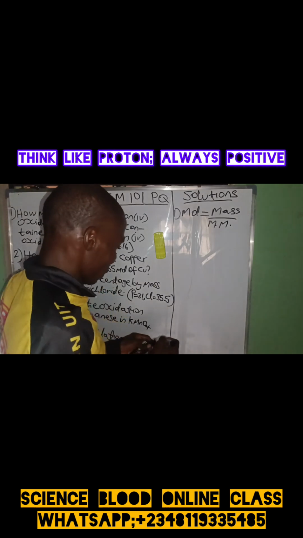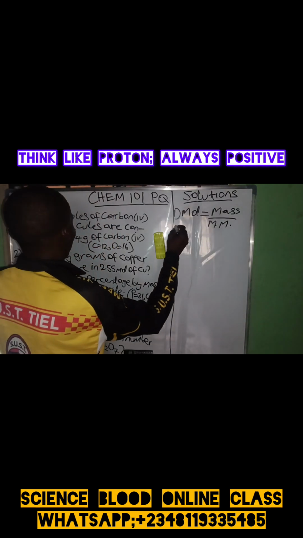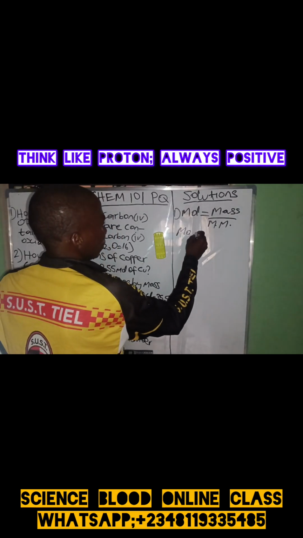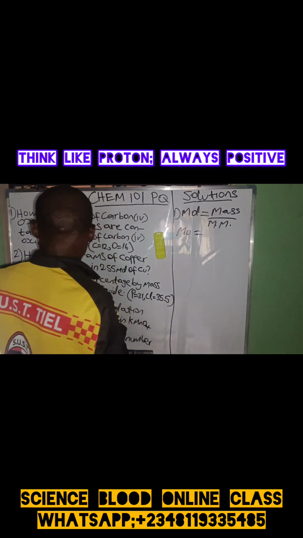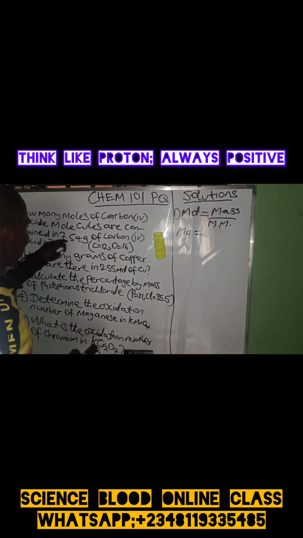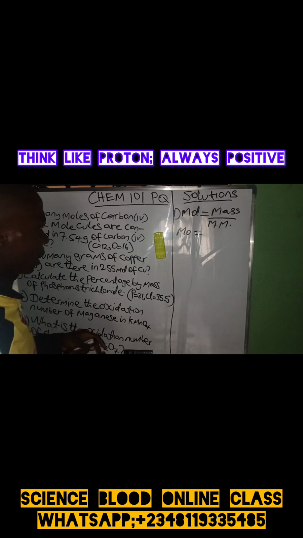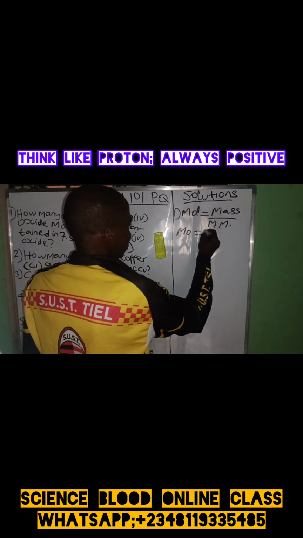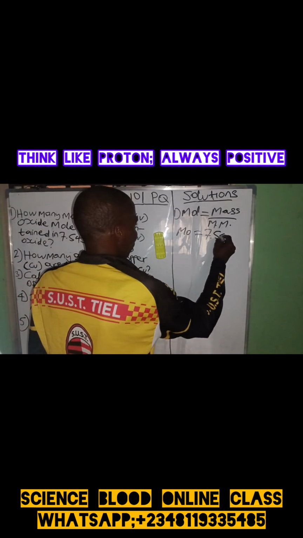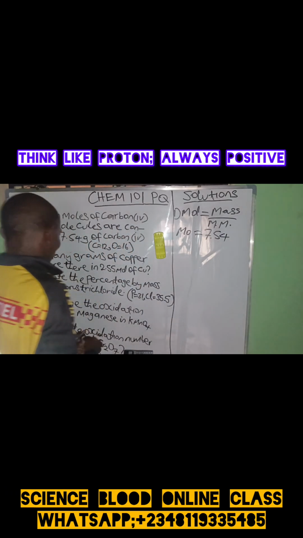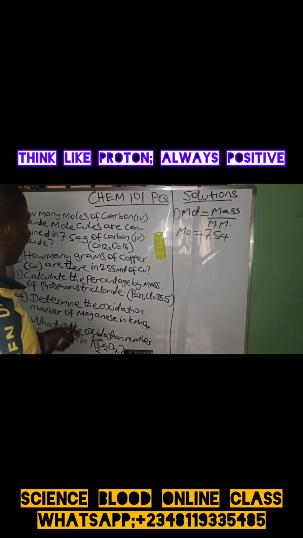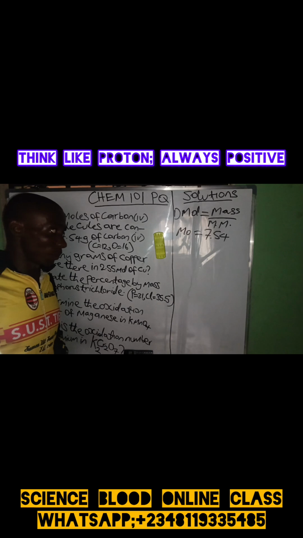Okay, without wasting much time again, we have moles equals the mass given to us here according to this question, which is 7.54 gram. Again, the molar mass of carbon dioxide, we are going to solve this one separately.